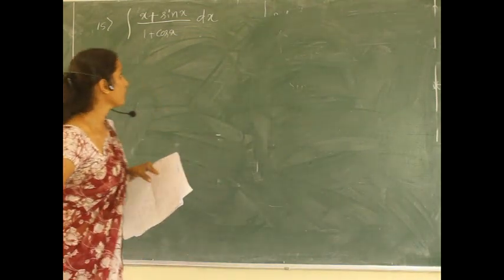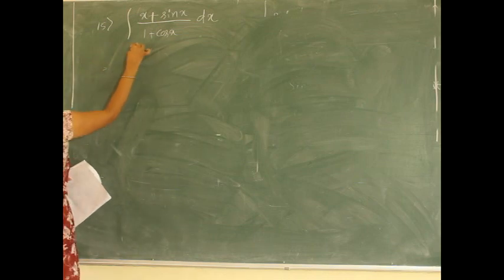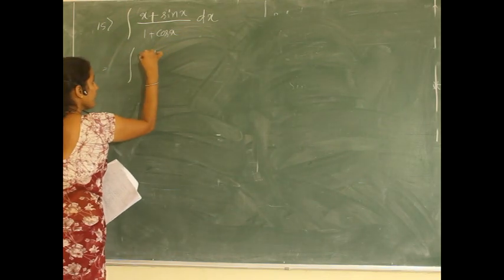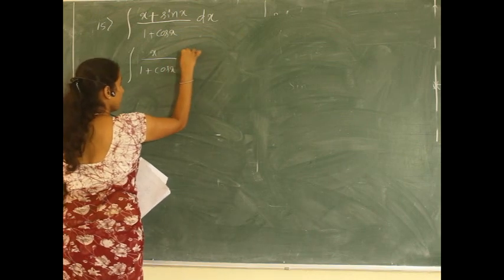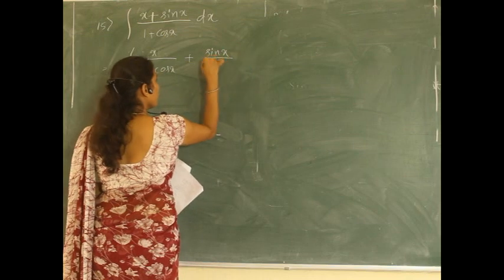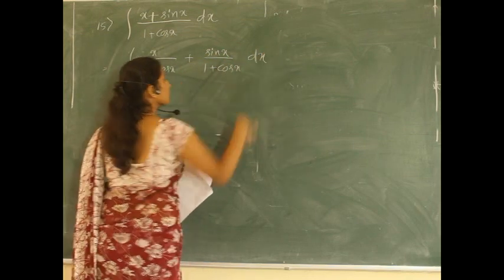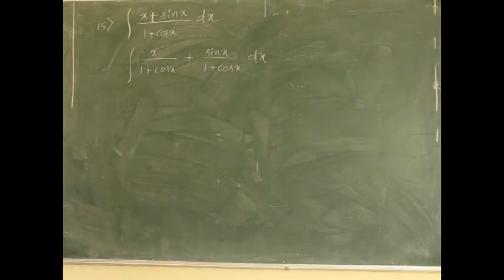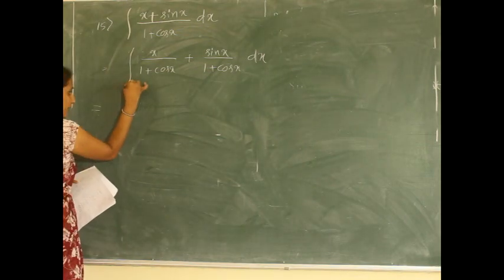So what we have to do is split the integral. This is equal to the integral of x by 1 plus cos x plus sin x by 1 plus cos x, dx.